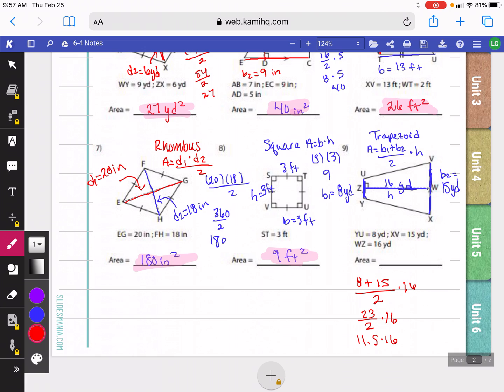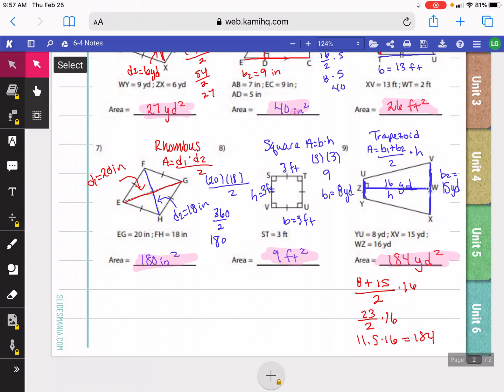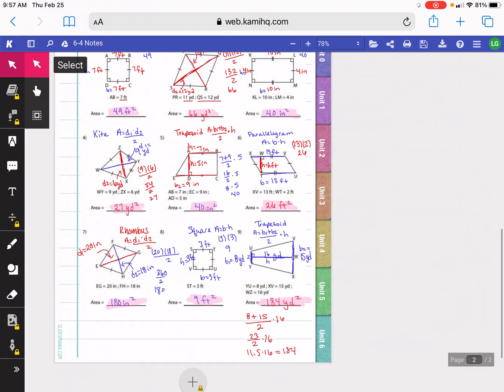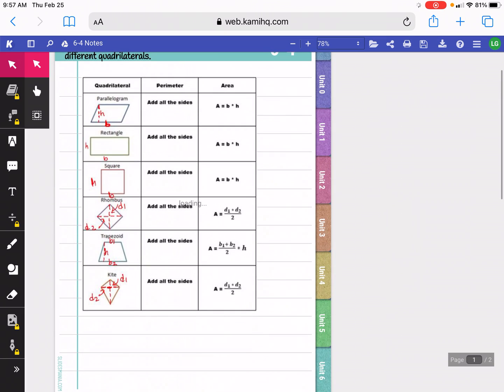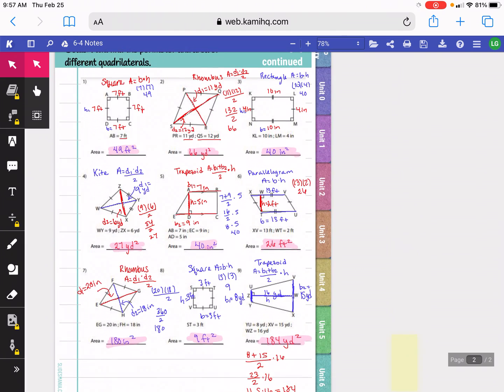And then 11.5 times 16 comes out to 184. So here the area is 184 yards squared. So again, here you're just using your formulas. You identify your shape, use your formula, plug in. And then remember, for units, your area is always going to be squared.